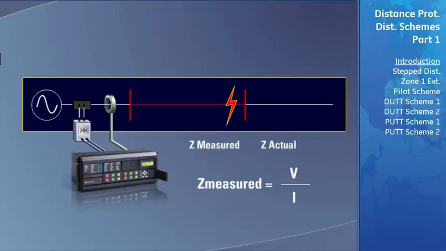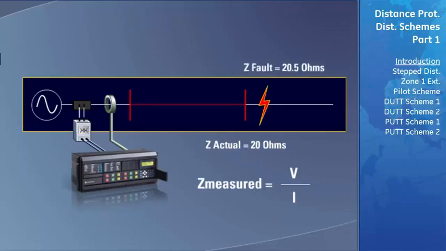However, due to the inherent inaccuracies of CTs and VTs, the impedance calculations made by the distance relays cannot be guaranteed to be accurate. For example, let's assume the actual impedance of our transmission line seen here is 20 ohms. A fault now occurs just after this transmission line on the next adjacent circuit. The actual impedance from the measurement point of the D60 to this fault is 20.5 ohms.